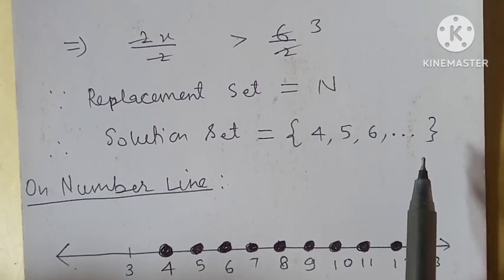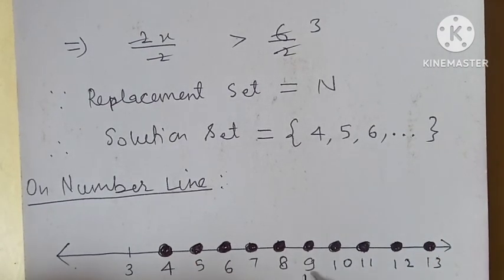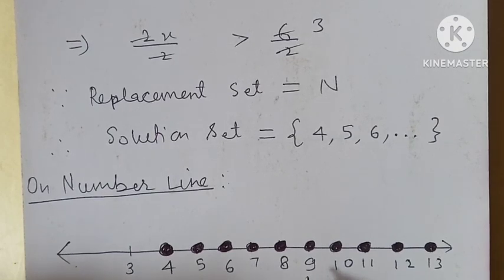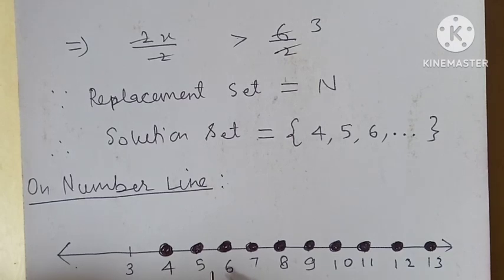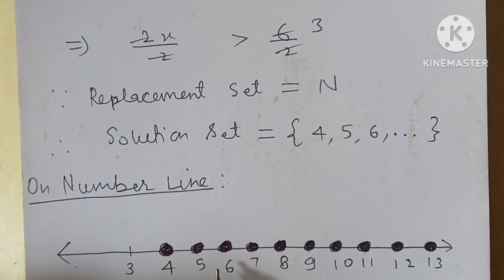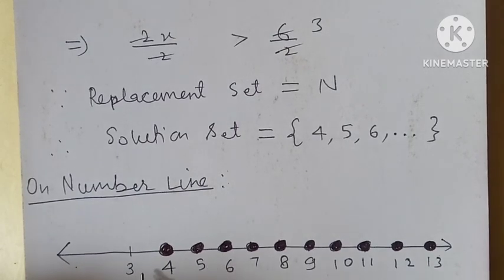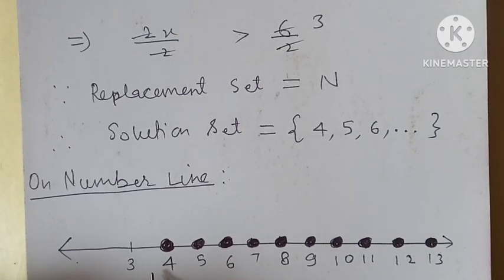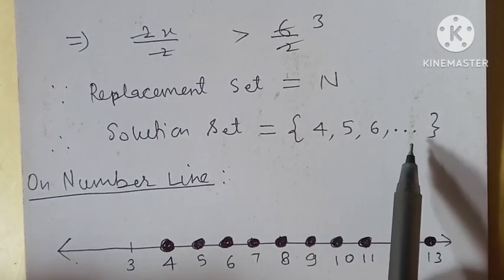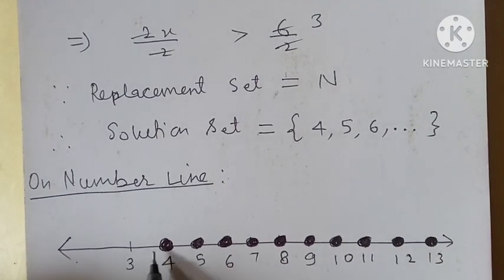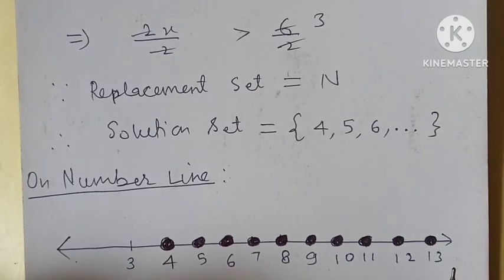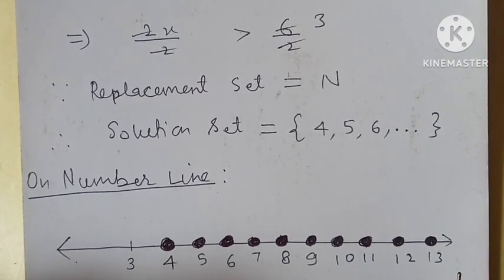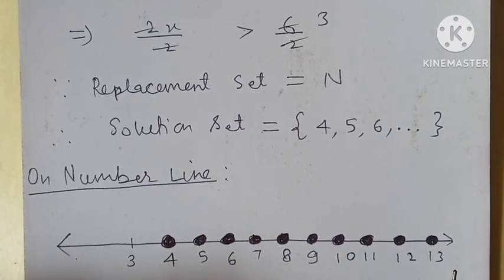So we mark these numbers using a ruler, so that they are placed equidistantly, at equal distance. And 3 will not be colored because 3 is not in the solution set. So this is the representation on the number line. That's all for this question. Let us proceed to the next question.